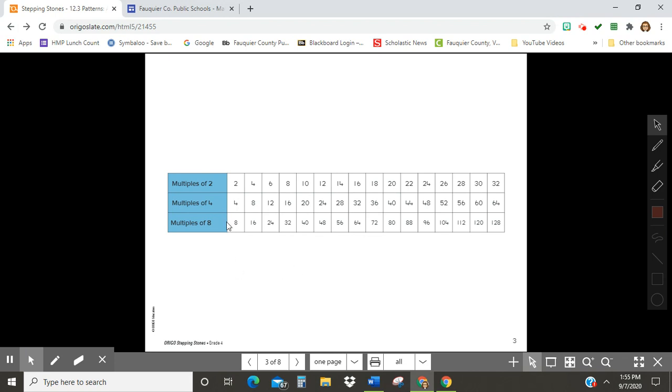So for instance, I can do 2 plus 2 equals 4, plus 2 more, plus another 2, equals 8. There's lots of ways we can get to 8. I'm sure we could have a discussion on that. That's one way.